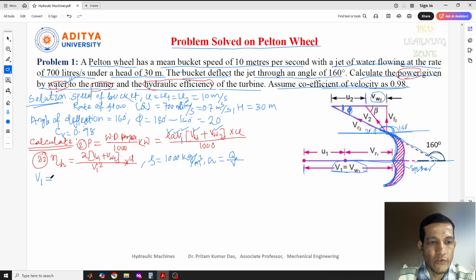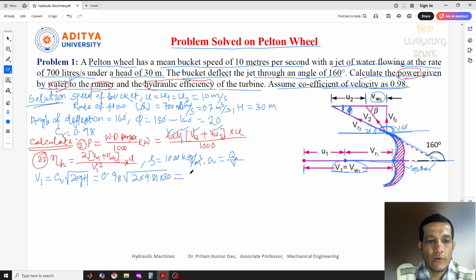V1 equals the velocity of jet, and that can be calculated with the formula Cv into root over 2gH. Cv equals 0.98, into root of 2 into 9.81 into the head, which is 30.